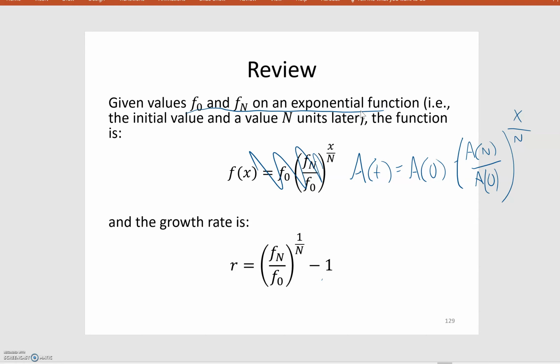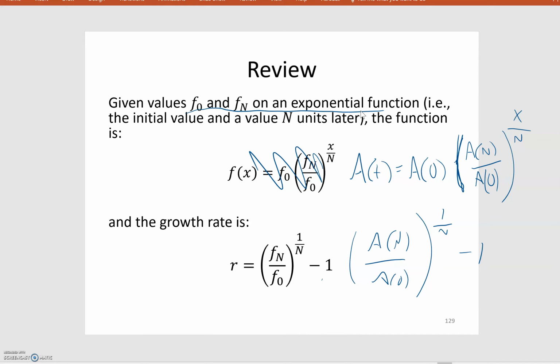And then down here we have the formula for the growth rate. That's a multiplication right there, by the way. The formula for the growth rate, which is essentially just a portion of this. So in my notation, that would be a(n) over a0 to the 1 over n, and then we subtract 1 from all of that.